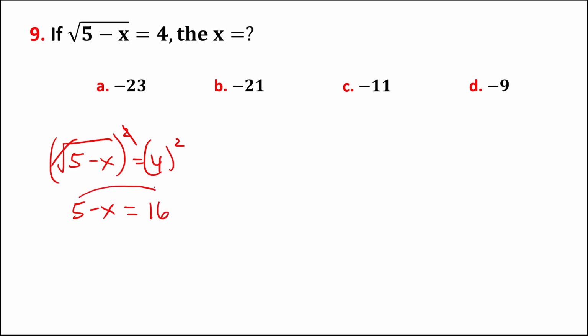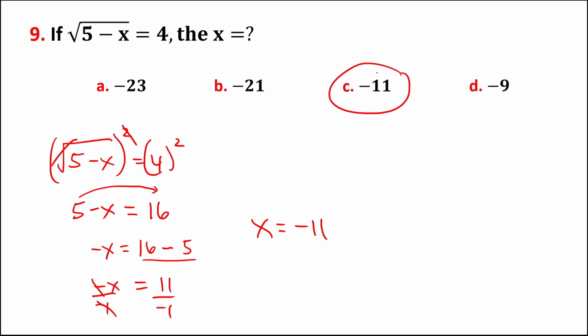Then transpose this positive 5. So we have negative x equals 16 minus 5. Then negative x equals 11. And divide both sides by negative 1. So x equals negative 11.